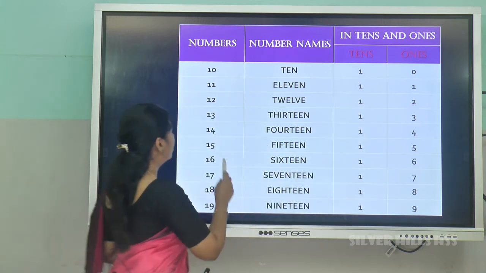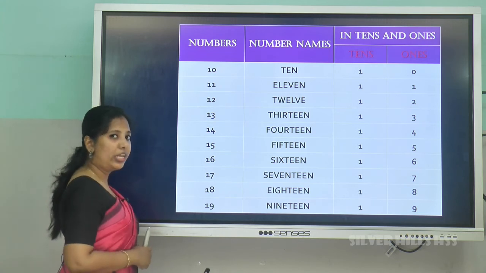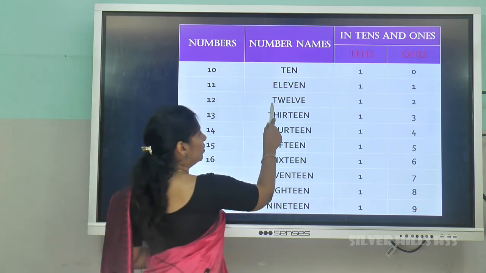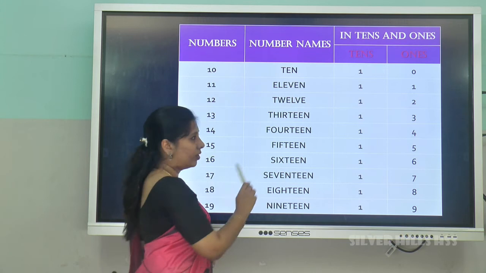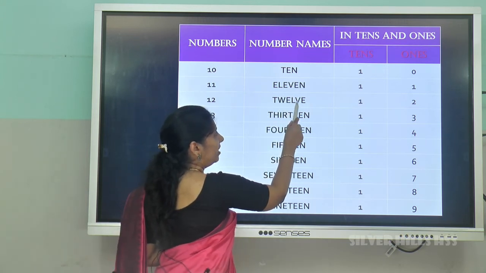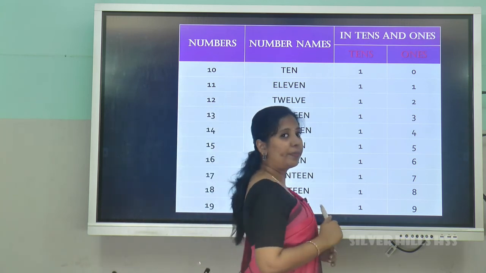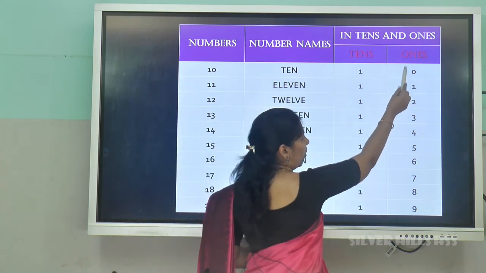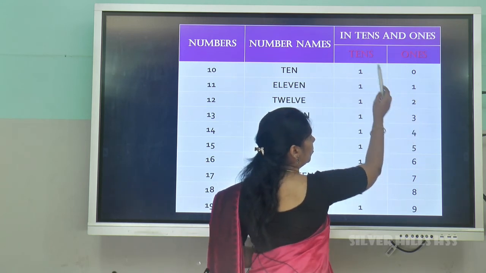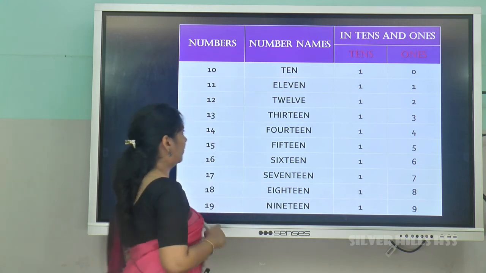Okay. So next number is 12. After 11, 12 comes. So what's the spelling of 12? T-W-E-L-V-E. 12. And how will we represent it? In ones place we will write 2 and in tens place we will write 1.